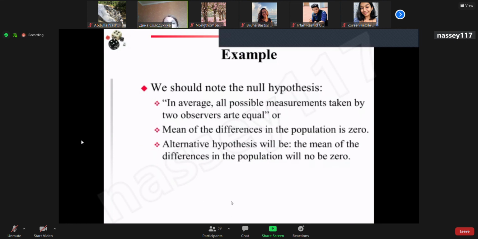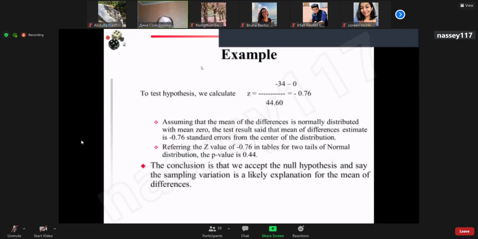We say that the null hypothesis is that all possible measurements taken by two observers are equal, or the mean of the differences in the population is zero. The alternative hypothesis says that the mean of the differences in the population is not zero. Then to test the hypothesis, we calculate z. So z will be minus 34 minus 0, over 44.6.